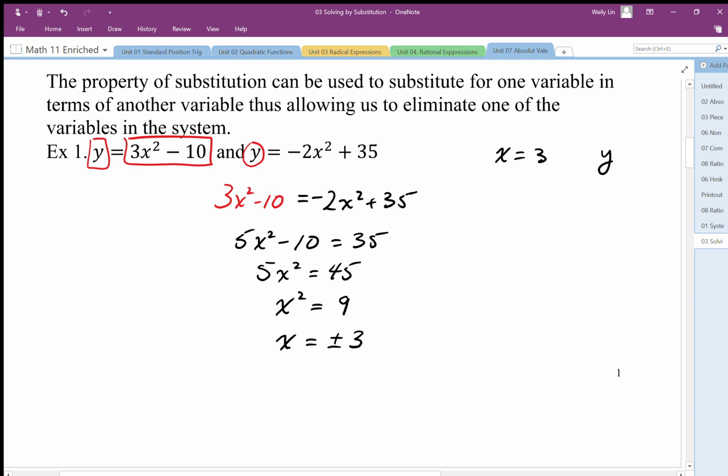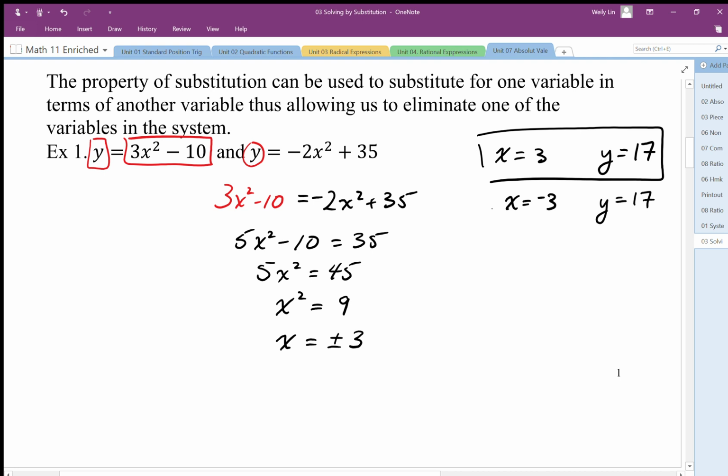So I'm going to substitute 3 in here. So 3 squared is 9, times 3 is 27, minus 10 is 17. So there is one solution pair. I can plug in -3 into the same thing, and I end up with the same y = 17. So I have my second solution.